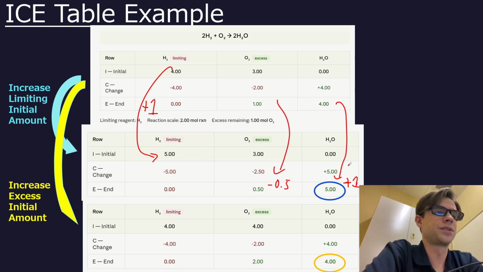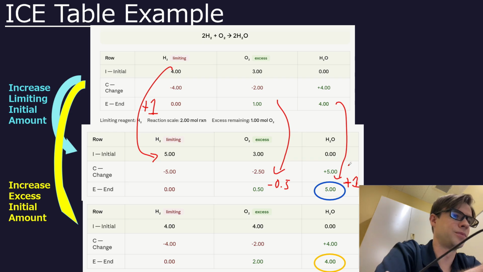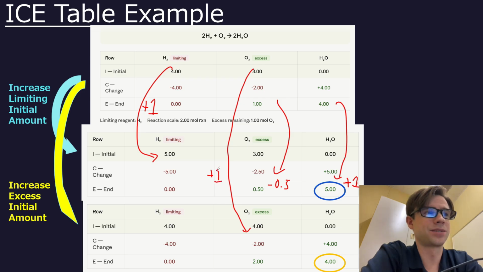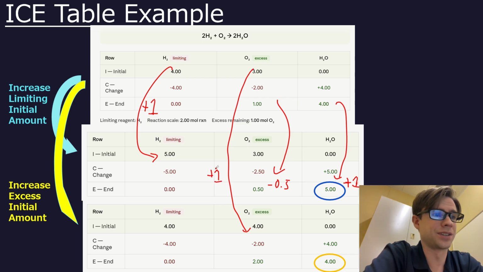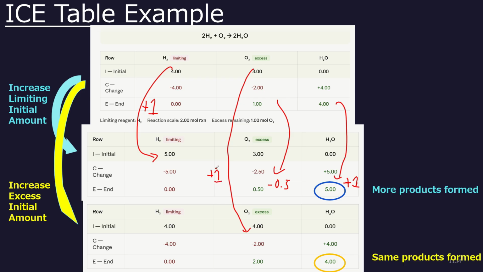But if you look at the table at the bottom here, what happens is we're adding an extra +1 mole of O2, the excess reagent. It was excess at the start, and it's excess in the new table here. And what you'll find is the other things don't change. The amount of product is still 4, no change. And the amount of our other reactant consumed is still the same.